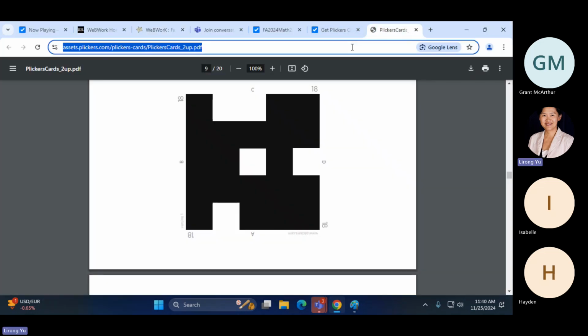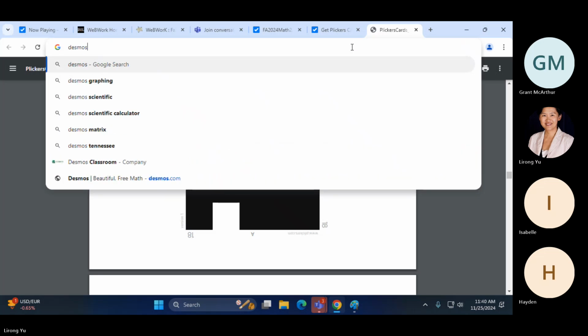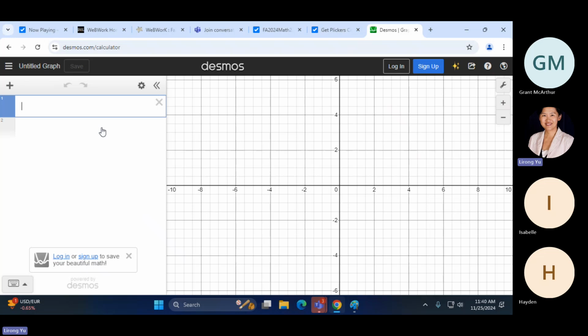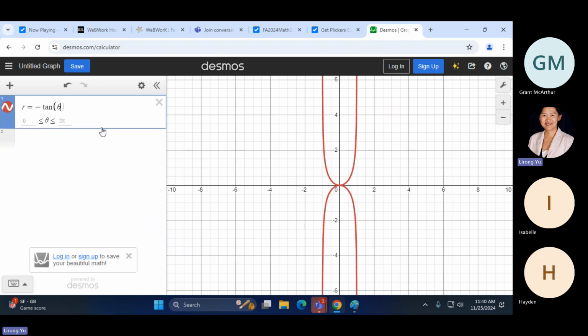For verification, we can graph it with a quick equation, r equal to negative cotangent theta.